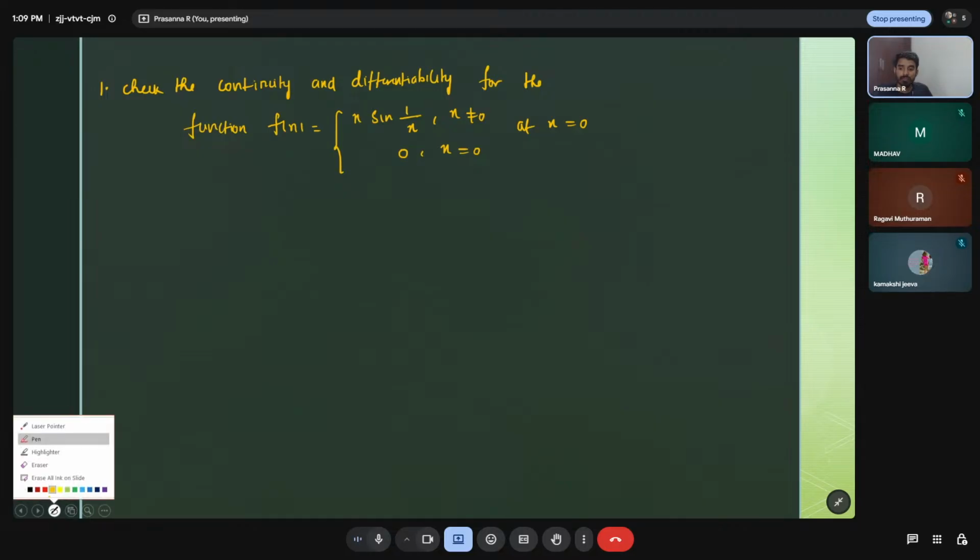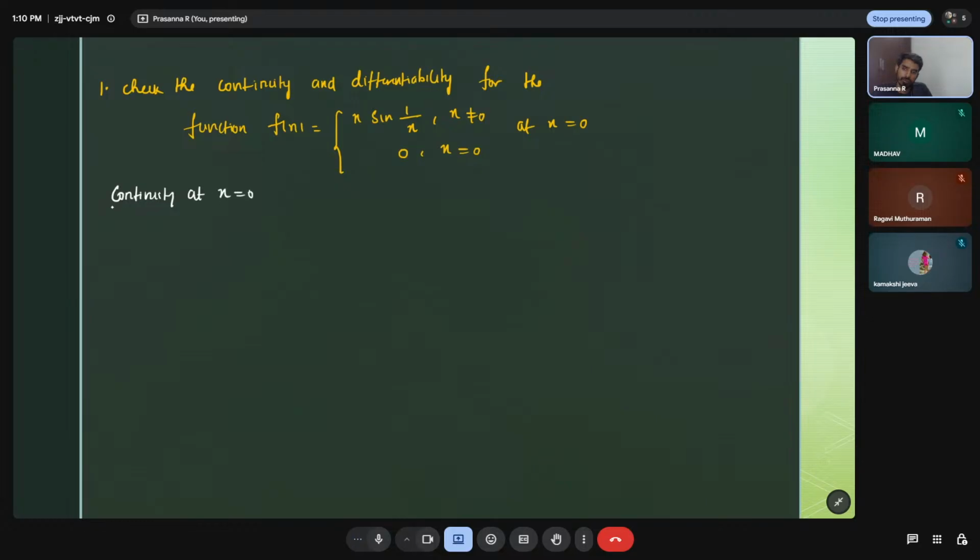Now we need to check whether the function is continuous at 0 and differentiable at 0, right? So we'll check continuity at 0.